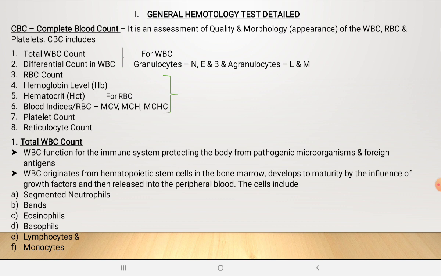The stage just before this is called the reticulocyte cell. That reticulocyte stage cell in the count is called the reticulocyte count. We will go into detail about all these tests.